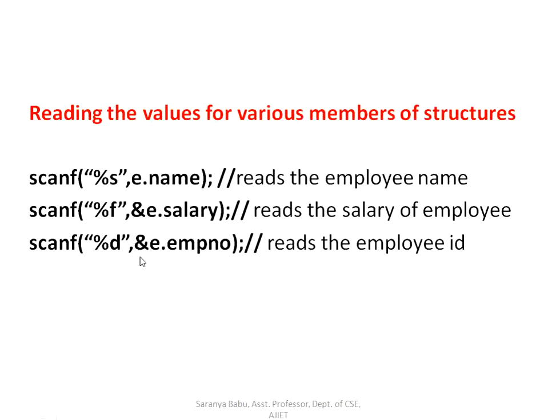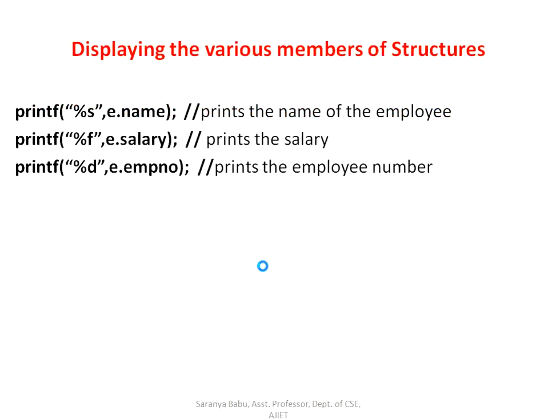Scanf %d comma ampersand E dot employee number reads the employee ID. So that is reading values for various members of structures, the same way you are printing.